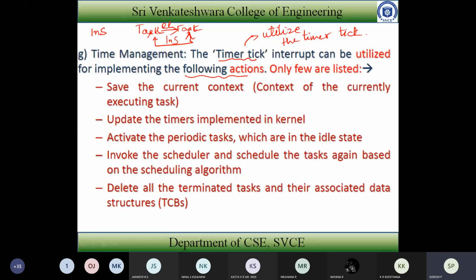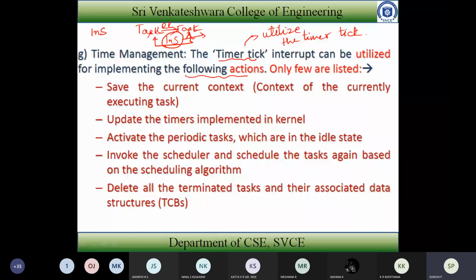So now what will happen at that time? When a timer tick is issued for 1 nanosecond, depending upon the scheduling you are going to use, that particular task has to be given the time. When you are going to give the time, what actions have to take place? What actions have to be implemented? Whatever task I am running presently has to be saved first.